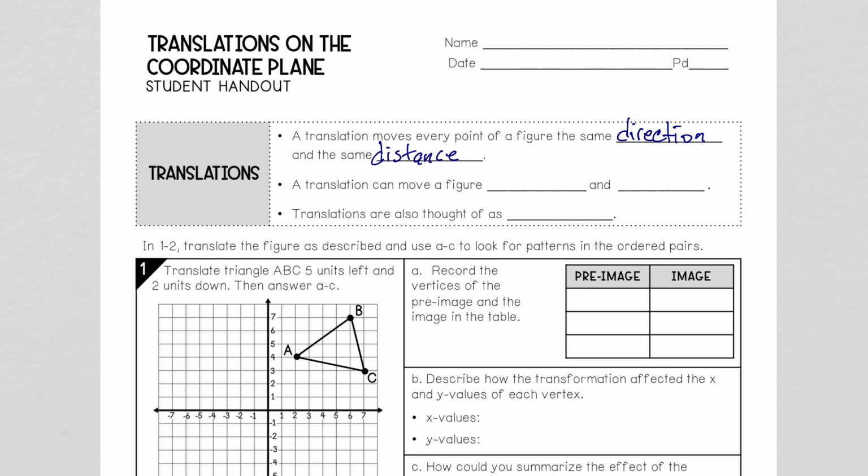That's the way it preserves congruency. It has to be the same size and same shape. The only transformation that does not maintain congruency is the dilation. So in order to maintain congruency here, every point has to go the same direction, the same distance.